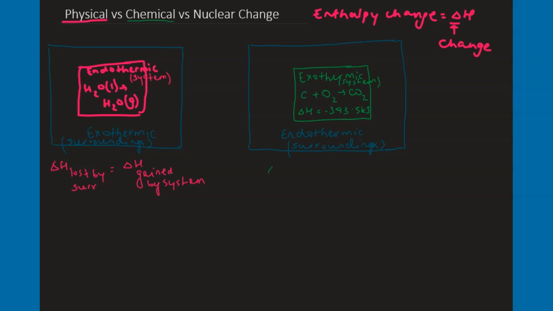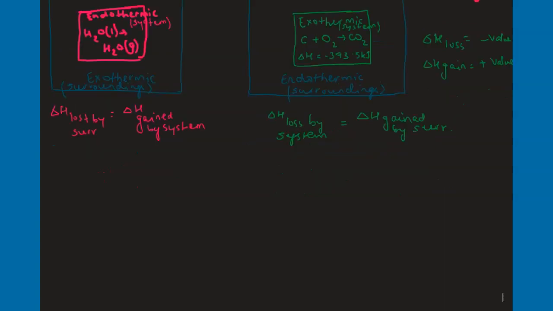So here the delta H or enthalpy loss is from the system. So enthalpy loss by the system is equal to enthalpy gained by the surroundings. Always remember, enthalpy loss is written as a negative value and enthalpy gained is written as a positive value.